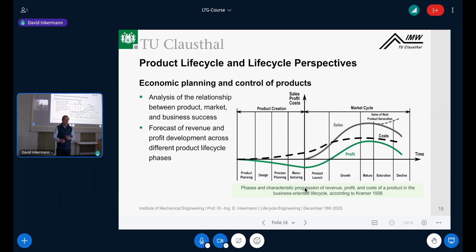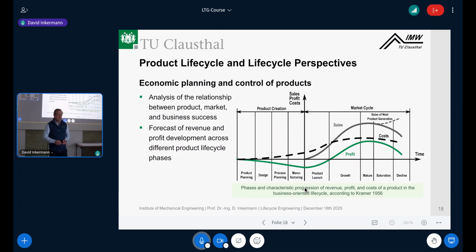And that is a perspective that is relevant to understand when is the right point to replace a product from the business perspective. It does not point out the environmental perspective, it's only from the economic perspective. And that is basically based on the forecast of the revenue and the profit development across the different life cycle phases, yes?